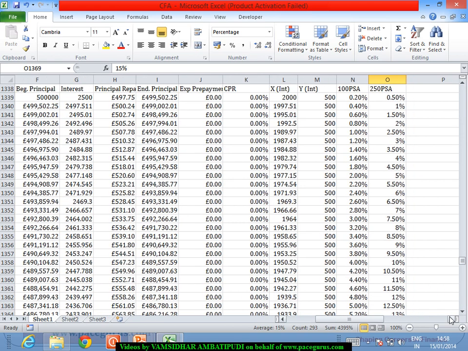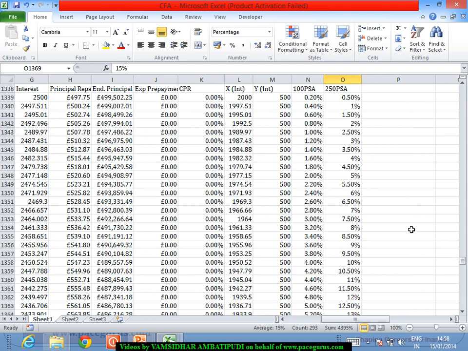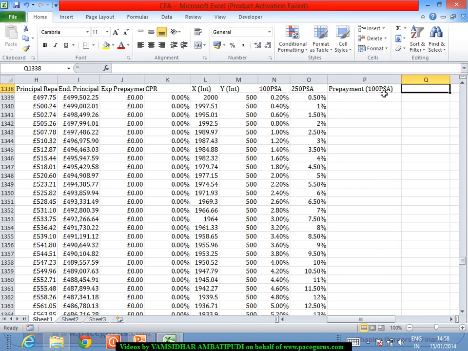Now when I'm looking at the CPR, from there if I want to find my SMM, no, I don't want SMM now. I'll directly look at the prepayment as per 100 PSA, and the prepayment as per 250 PSA.